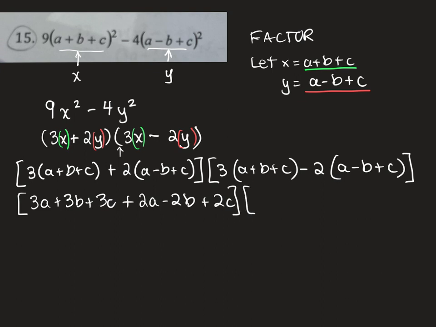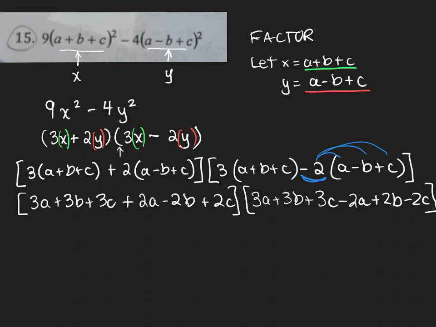All right, next set of brackets, same idea, 3a plus 3b plus 3c, minus, now when you multiply this minus 2 through, do not think of it as multiplying 2 through. Think of it as multiplying negative 2 through. That way the signs will all end up the proper way. So negative 2 times positive a would be negative 2a. Negative 2 times negative b would be positive 2b. And then finally minus 2c.